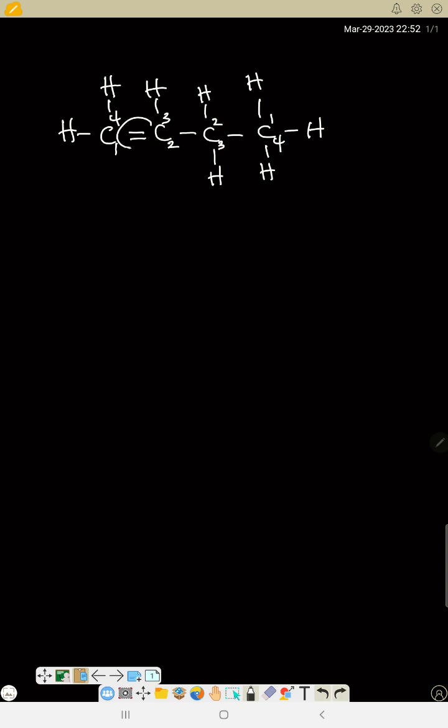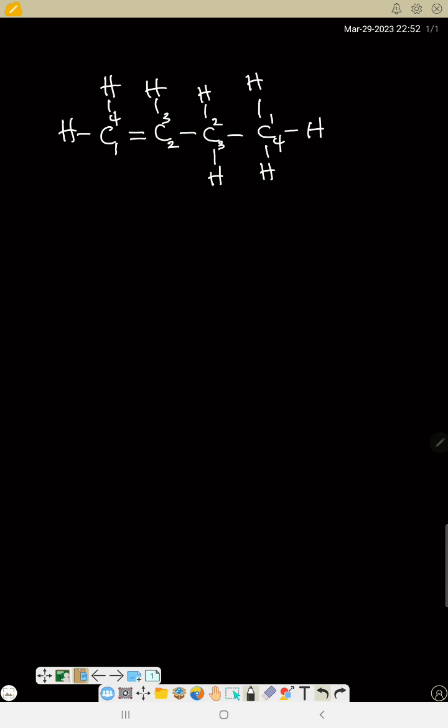Because we must state the position of this bond. If you count this way, 1, 2, 3, 4, that double bond is after the first carbon. But if you count backward, 1, 2, 3, 4, it is after the third carbon. So I will pick the one that is closest, that is after the first carbon.